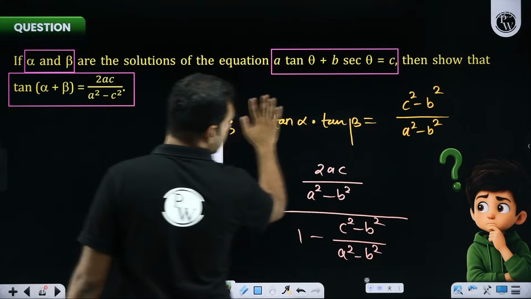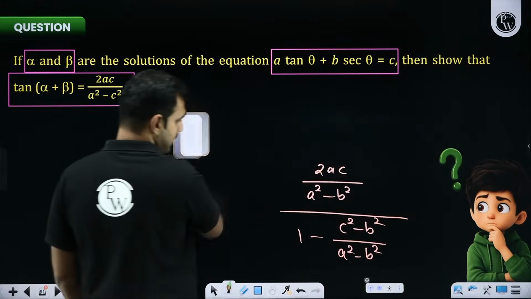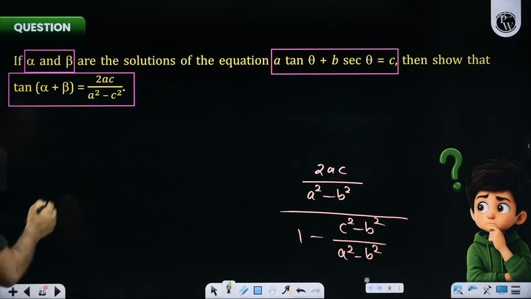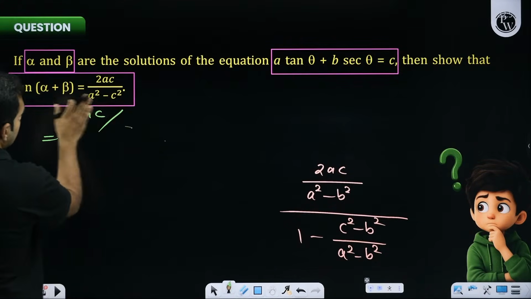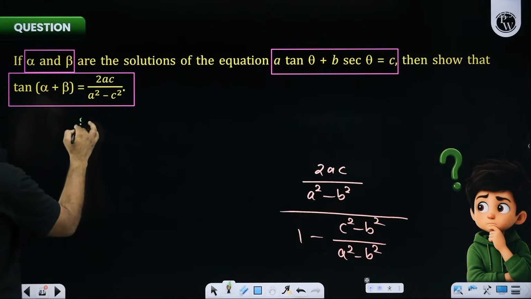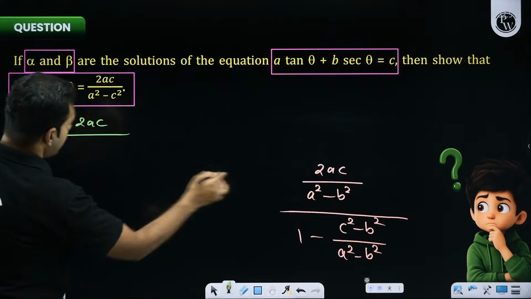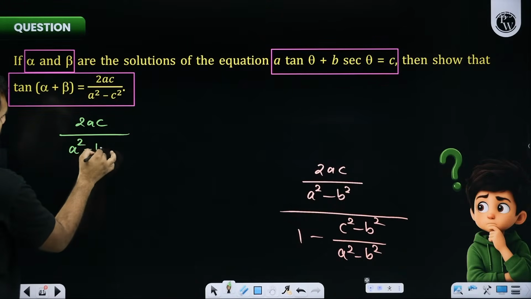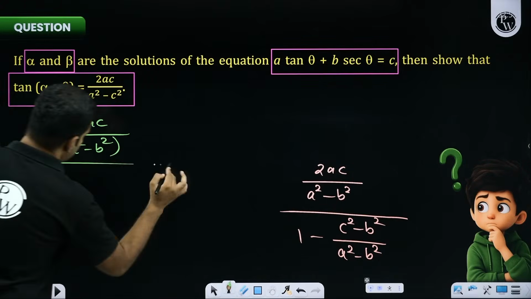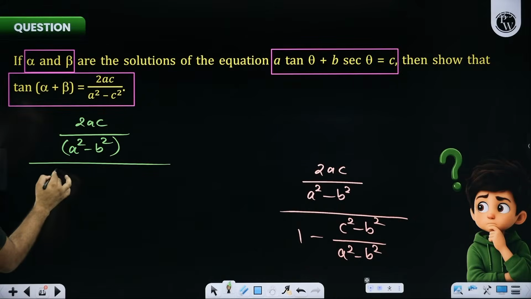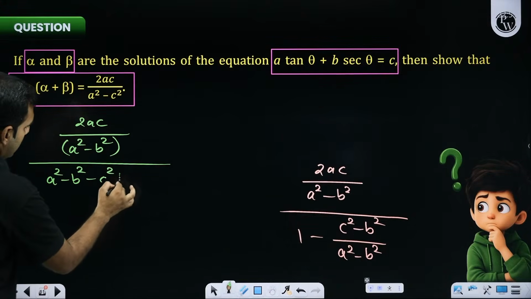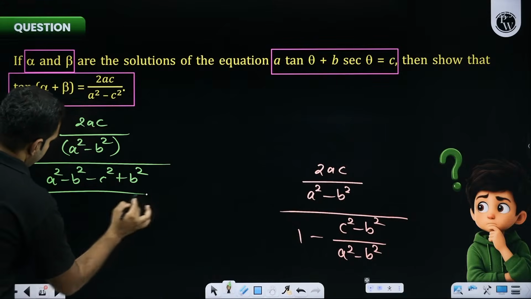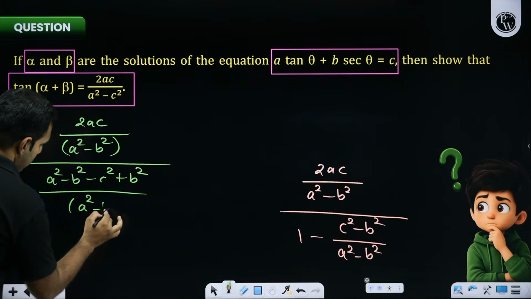So if I now simplify this, what do I get? Let's talk about that. The numerator looks sorted, which is clearly 2ac upon a square minus b square. Yes or no? The denominator also looks sorted, where it is a square minus b square minus c square plus b square. The whole thing again gets divided by a square minus b square.